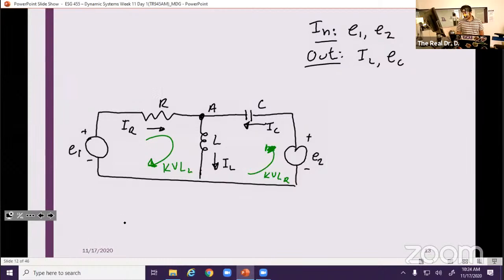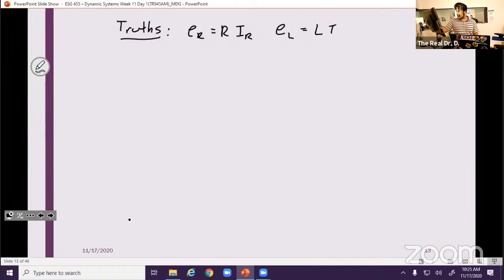So I've got that, and I can write my truths. This is just an electrical system, so we'll have the standard Ohm's law. We can't just call that IL or IC, because it goes into a junction, into a node, which is going to split it.